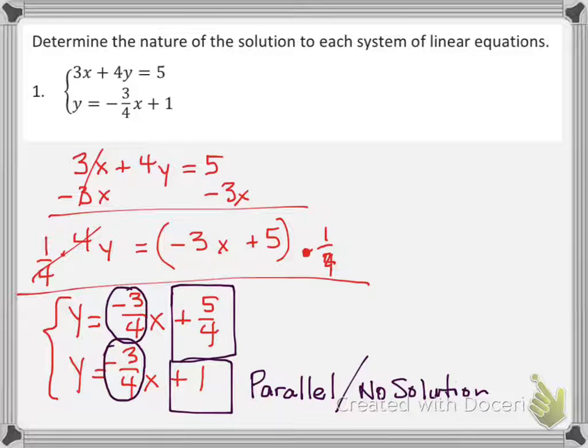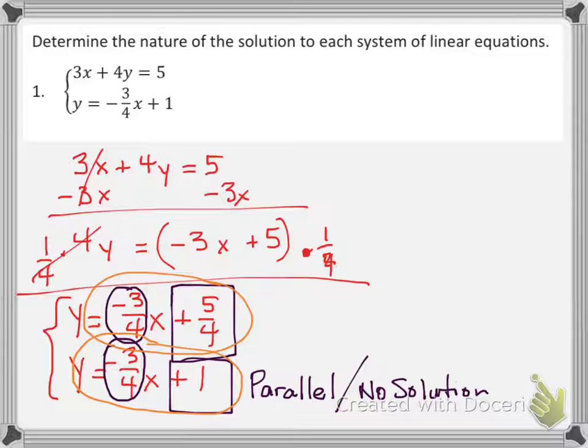Well, let's see what happens when we actually solve these two equations. So here's what I see. It tells me that y is equal to negative 3/4 x plus 5/4, and y is also equal to negative 3/4 x plus 1. If y equals both things, then these two must be equal to each other.